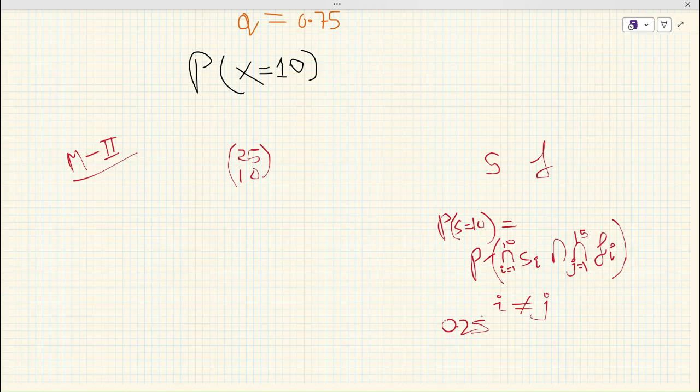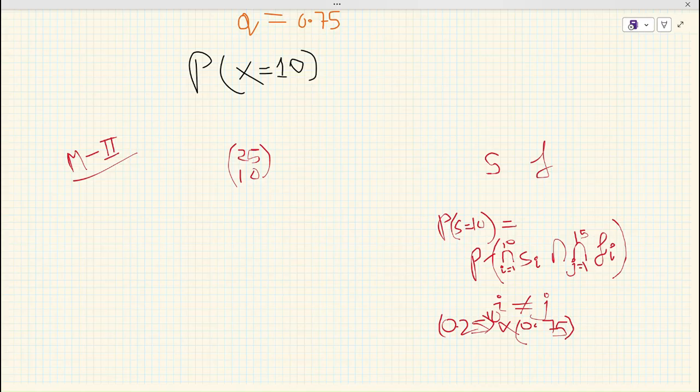The intersection turns into multiplication as they are independent, and for Fi it will be 0.75 to the power 15, as 15 are going to be incorrect.